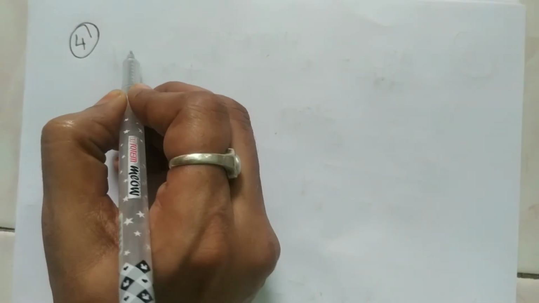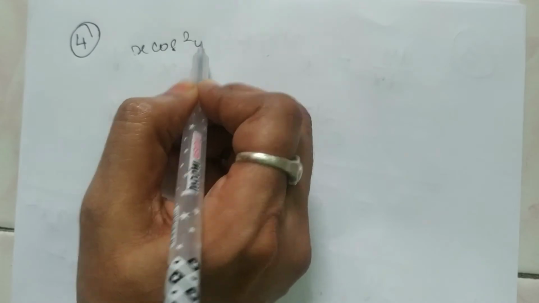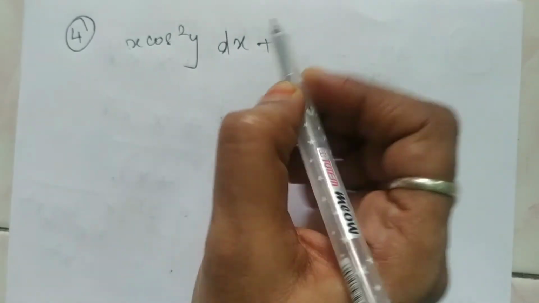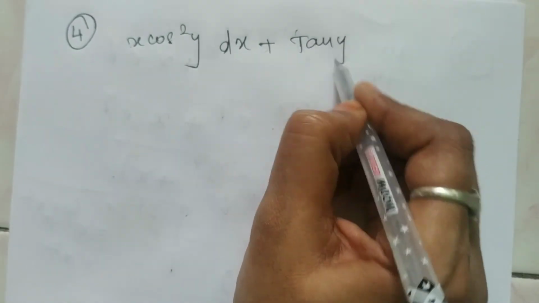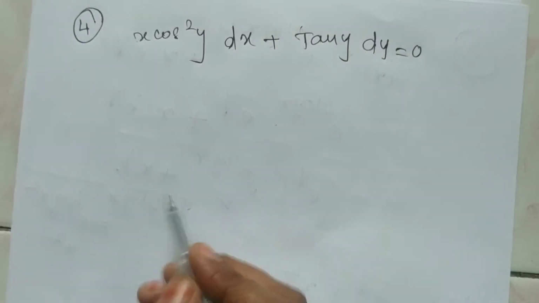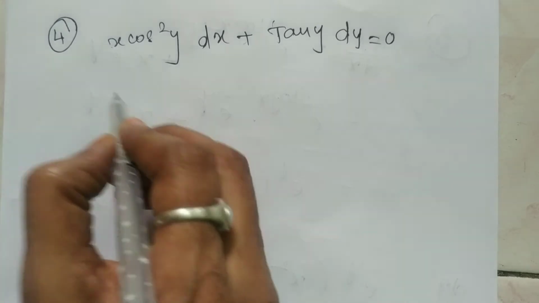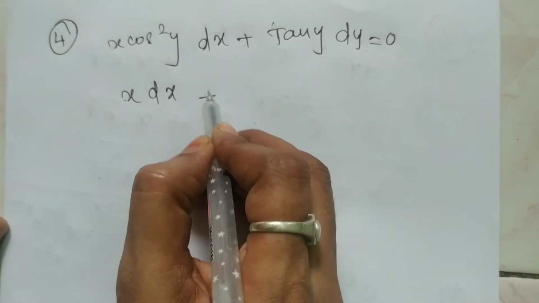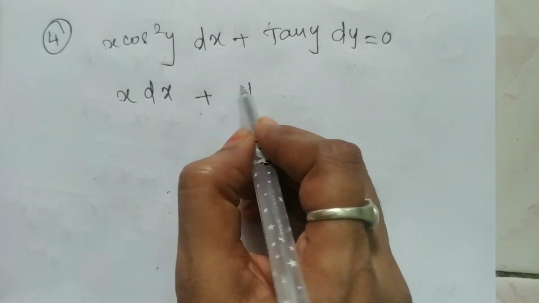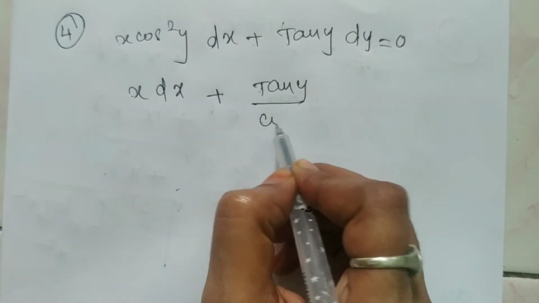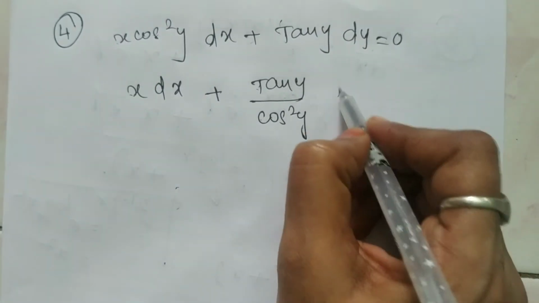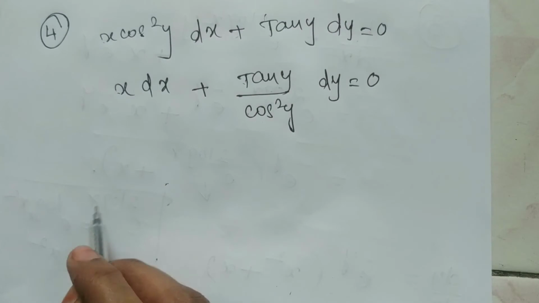Next problem, x cos square y dx plus tan y dy equal to 0. So here x dx plus, I can write tan y by cos square y dy equal to 0.